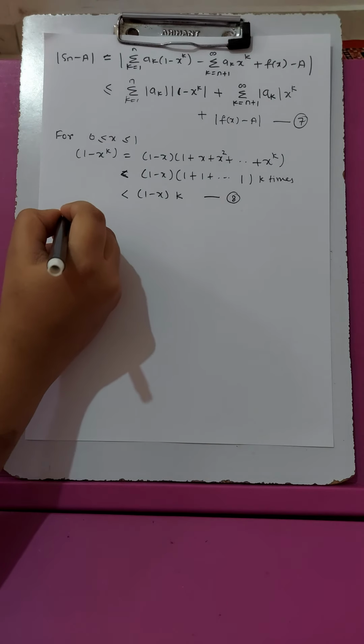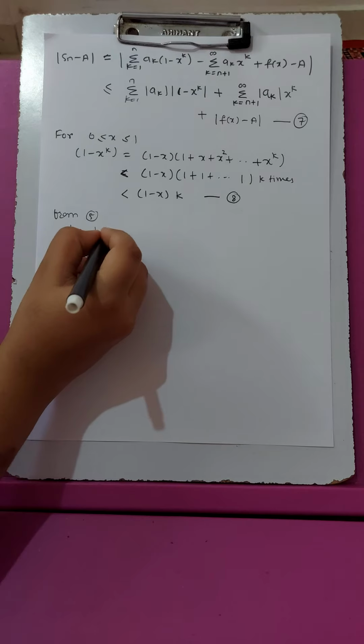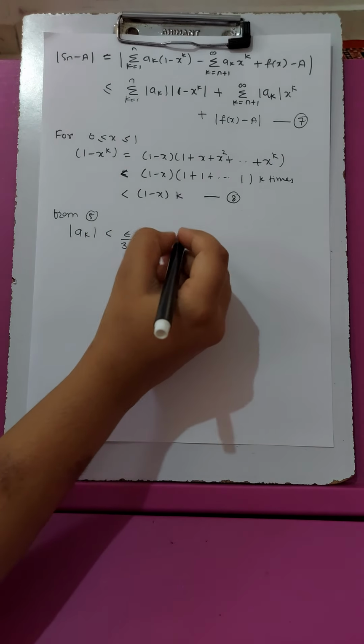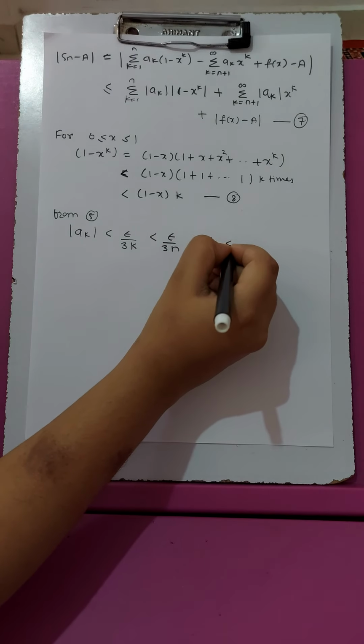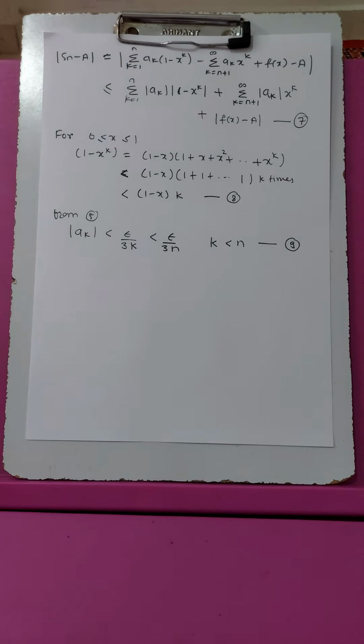Now from 5, mod of ak is less than epsilon upon 3 to the power k, and this will be less than epsilon upon 3 to the power n, since k is greater than n. Let it be number 9.